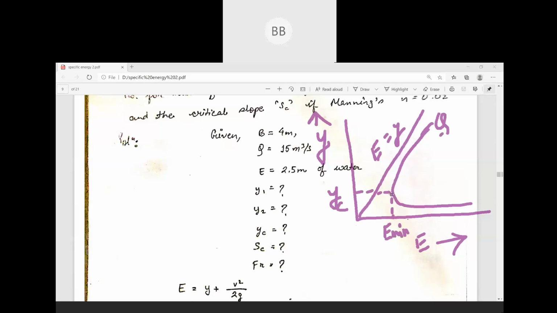Apart from this, if you consider any value of energy, that is here given 2.5 meter, draw a line, it will intersect the curve at 2 points. So for that particular energy, you'll be having two depth of flow.